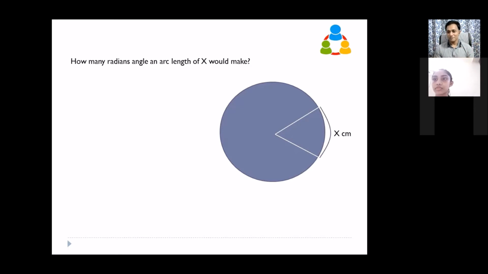If you say for some circle, how much angle in degree will one arc of x centimeter make? In degree you can find it out, but not in a straight way. But in radians, you get a very easy expression which is very widely used. Find it out. What is this angle in radians, if this is x centimeter?